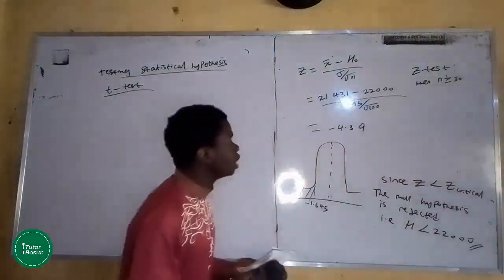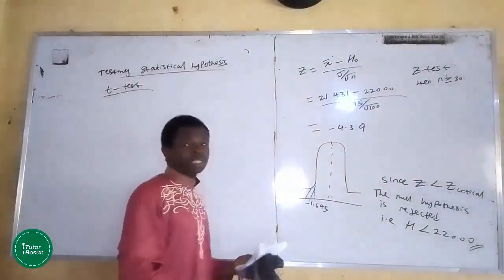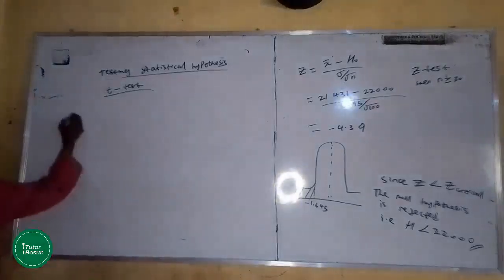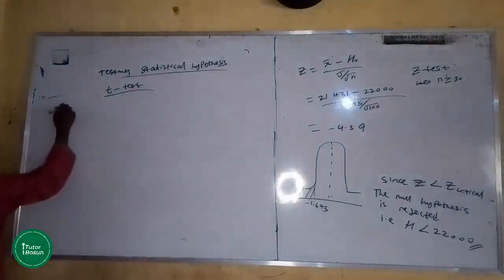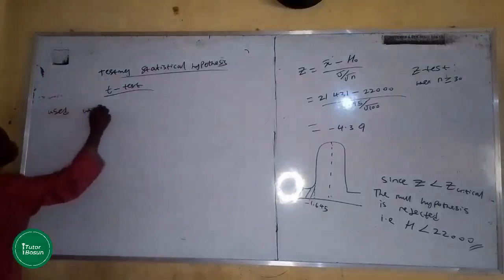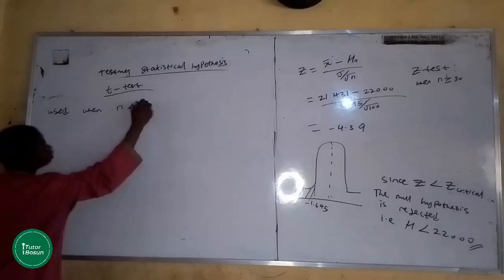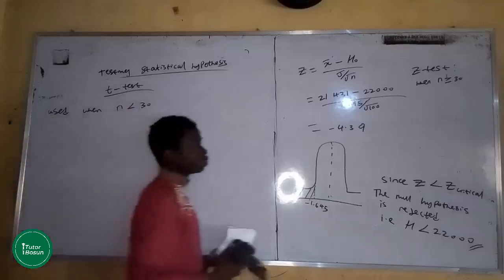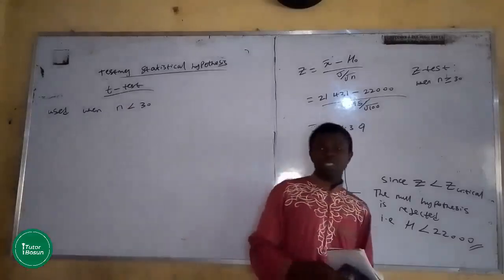When n is greater than or equal to 30, that's when you make use of what? Of z-test. But t-test is used when n is less than 30. So anytime n is less than 30, you make use of t-test.